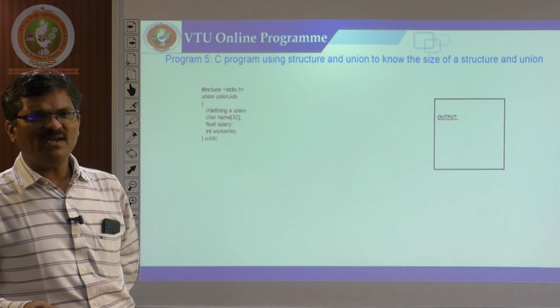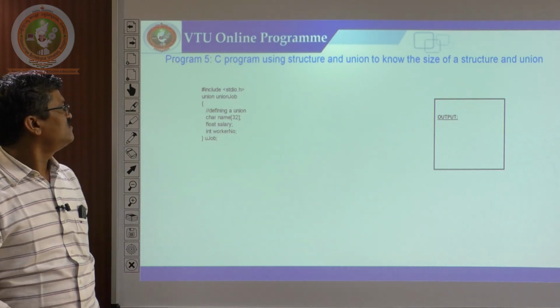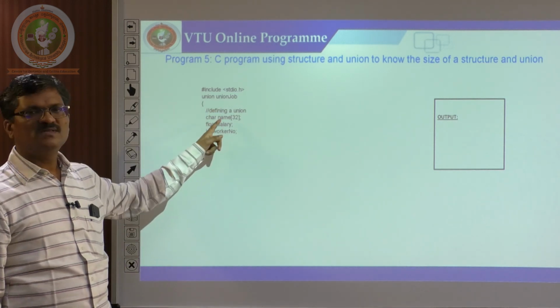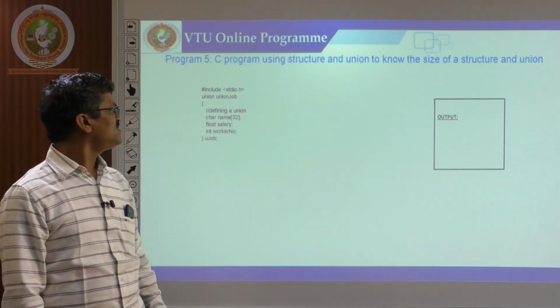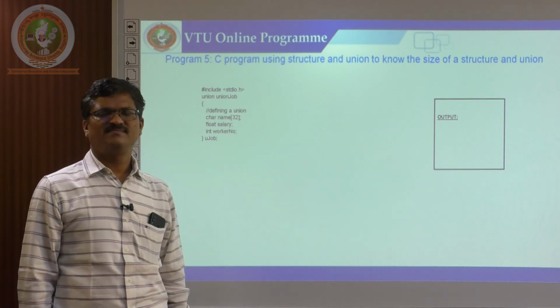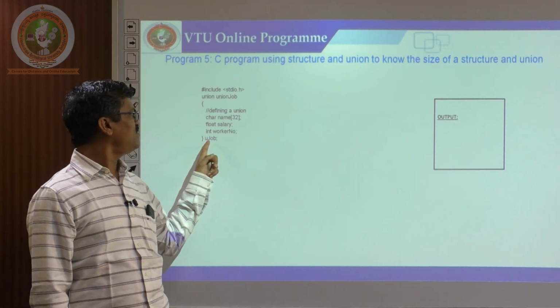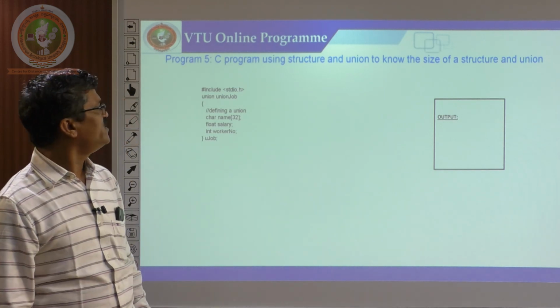So, I am defining union job, which includes some member variables: name, salary, worker number, and we define a variable called u_job to represent a union job type.